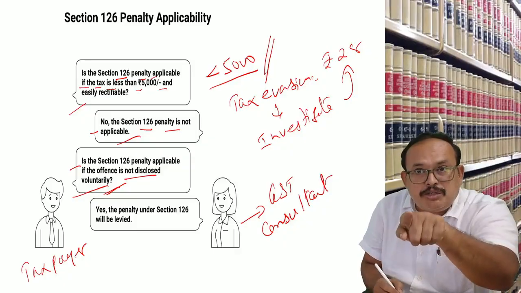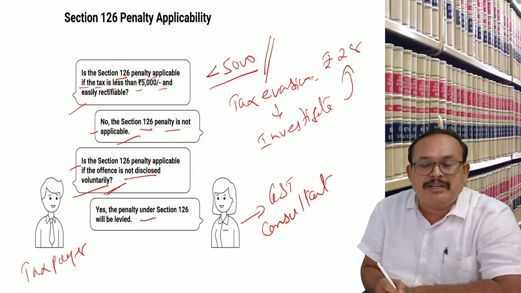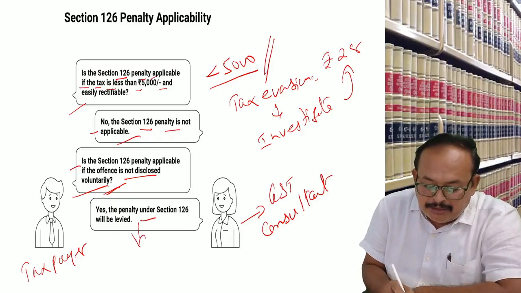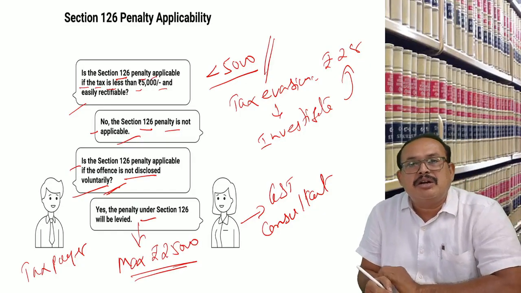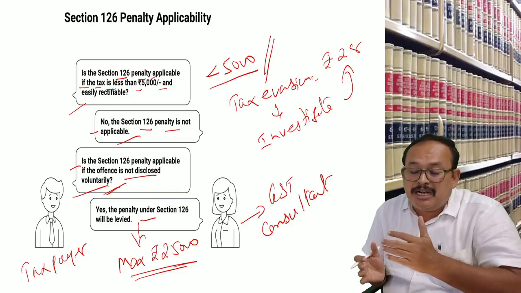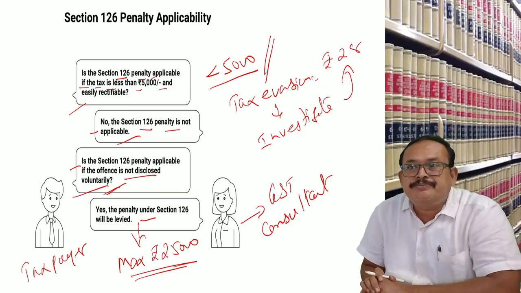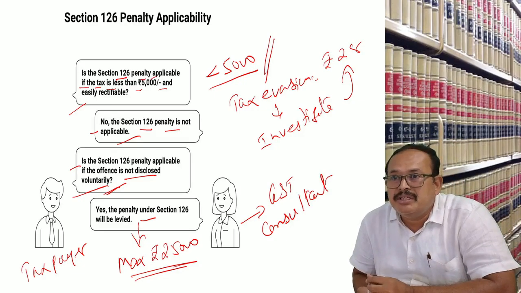If you do not disclose voluntarily, yes, penalty under 126 will be levied. How much penalty? Maximum penalty rupees 25,000 CGST and 25,000 SGST.